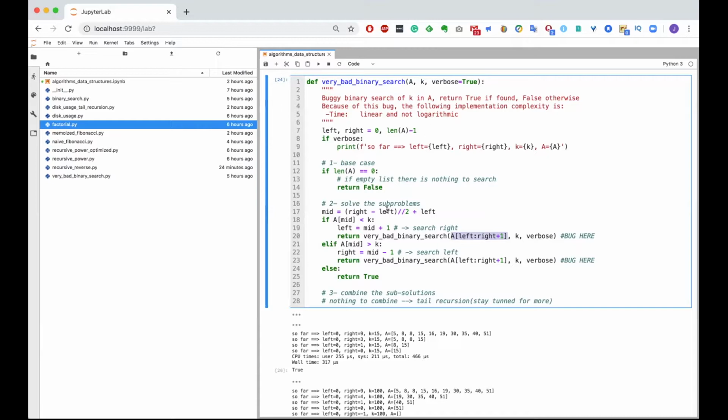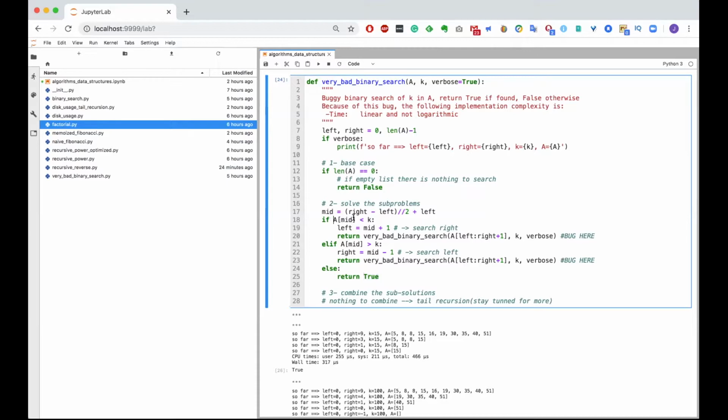Because why? You reduce the size of the problem, you just look at half of the problem each time. If you have to search on the left, and if you find the element you're looking for, because this else here just means that a mid equals k, which is our target, we just return true.